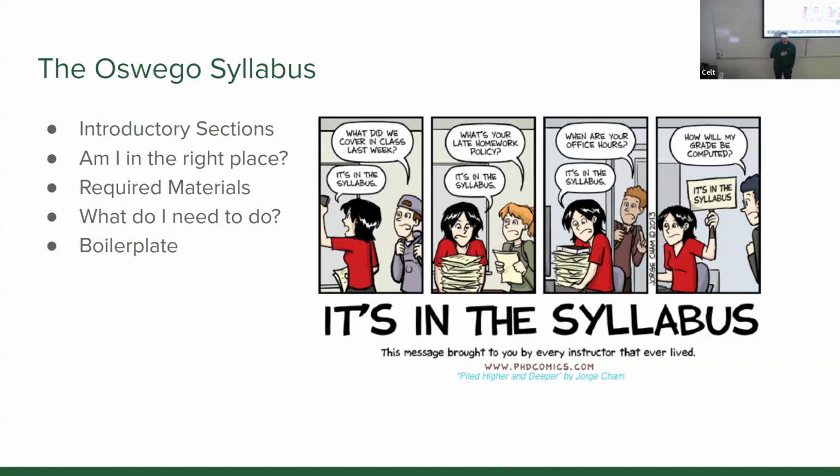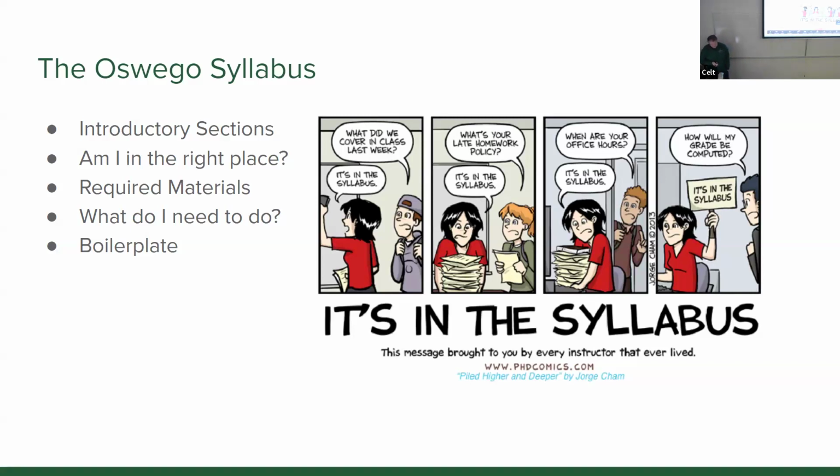There's a couple different tools that you can use in a class that add expenses and whatnot, and you just have to make sure you know all of those upfront, and that you are being very clear about what the student needs to succeed in the course and what that is going to cost them.